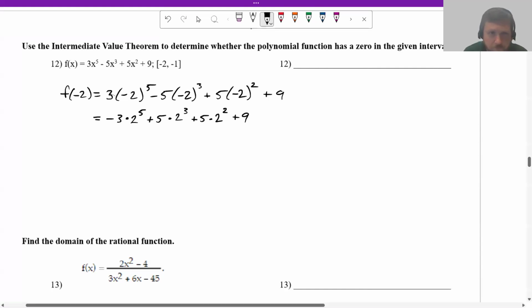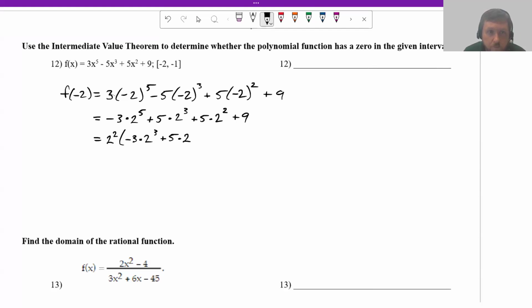Now, as far as how we handle the rest of this, there's a few ways that we could approach it. We could just multiply everything out and deal with it that way. I like kind of just factoring things out and making the arithmetic easier. However you want to handle it, I don't care. Well, that 9 did not have any 2's, so I'm just leaving them out.